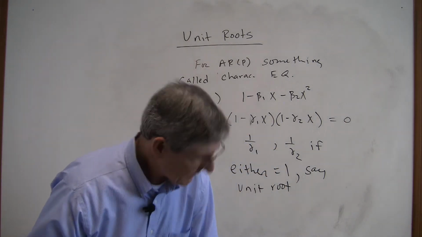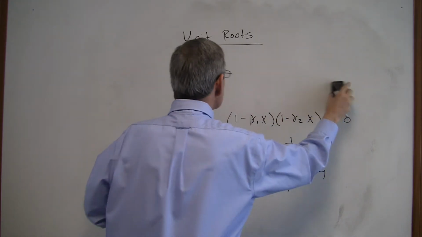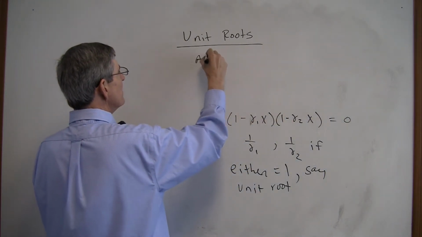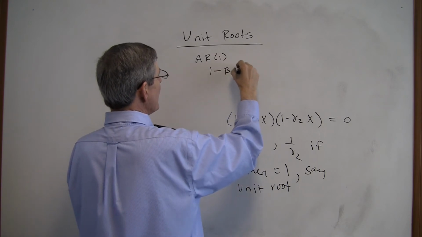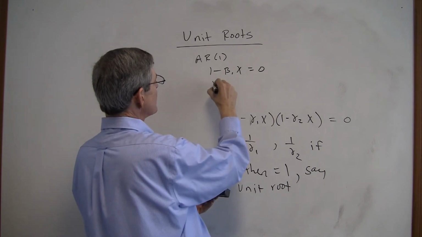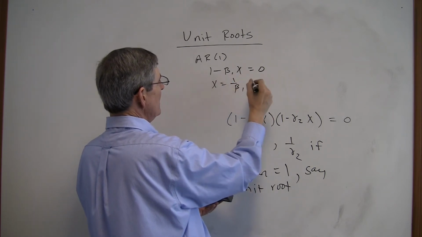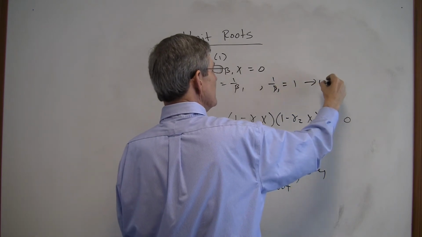It's probably easier for an AR1. For an AR1, the characteristic equation would be 1 minus beta 1x equals 0. And so it's where x equals 1 over beta 1. If 1 over beta 1 equals 1, then it's a unit root.